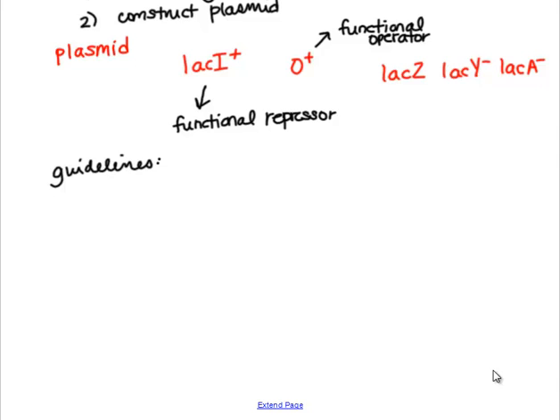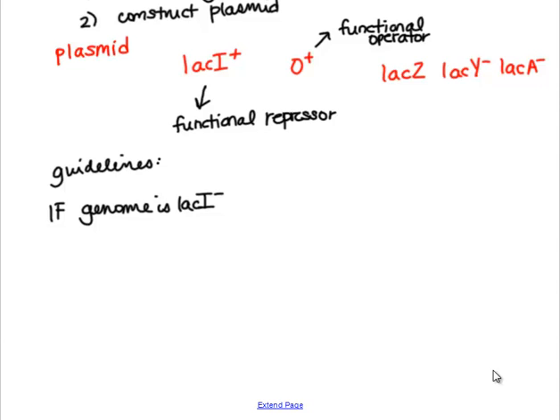Okay, if the original genomic mutant was LAC-I minus, then the functional LAC-I plus repressor that we added in should restore the normal phenotype of the LAC operon.